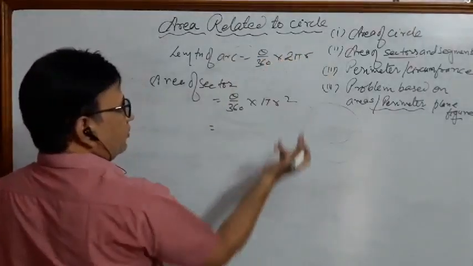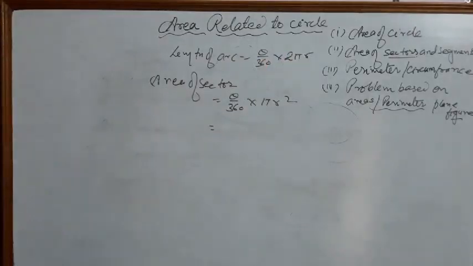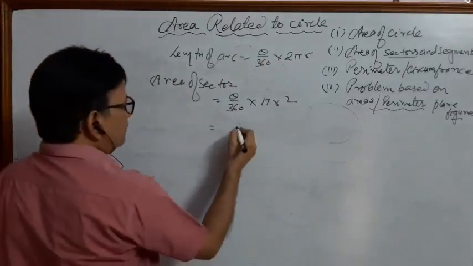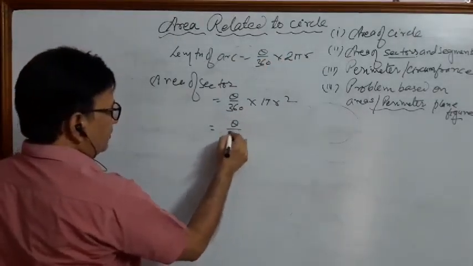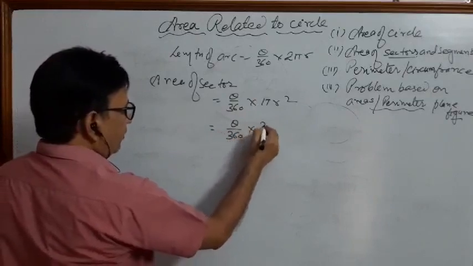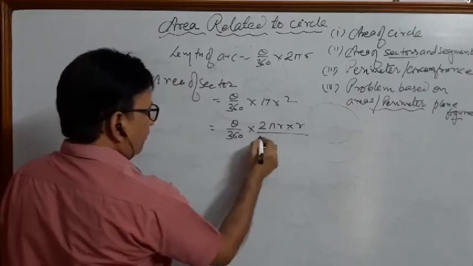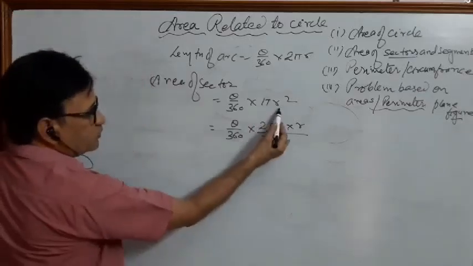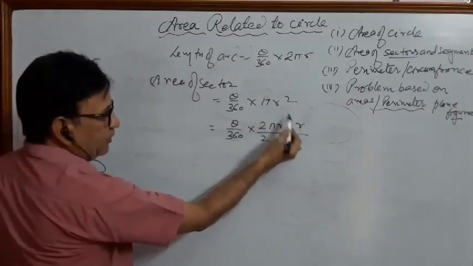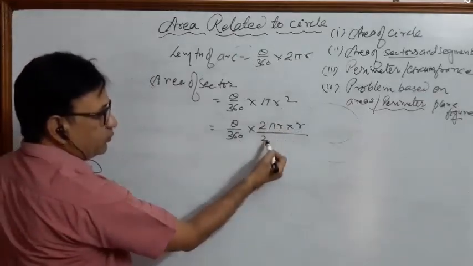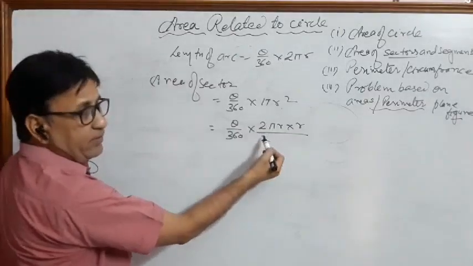You can say 1 upon 1, theta upon 180 also, no problem. So simply write theta upon 360, 2 pi r into r upon 2. Both are the same thing. Pi r square I have written as pi r into r, writing 2 times and multiplying and dividing by 2.